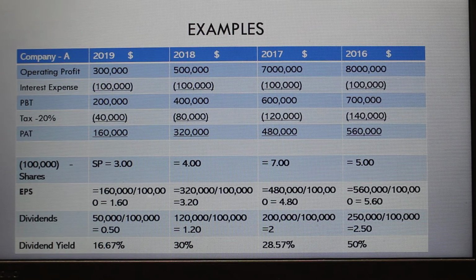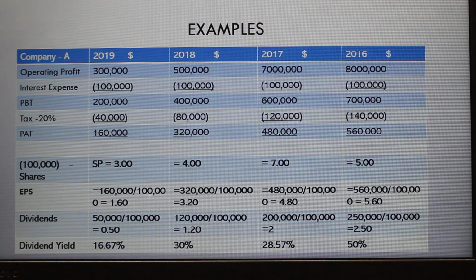And then we have our dividends. If the shareholders decide that they will give a dividend out of the 160 earned of 50,000, then the dividend per share would be 50,000 divided by 100, and that would be 50 cents.